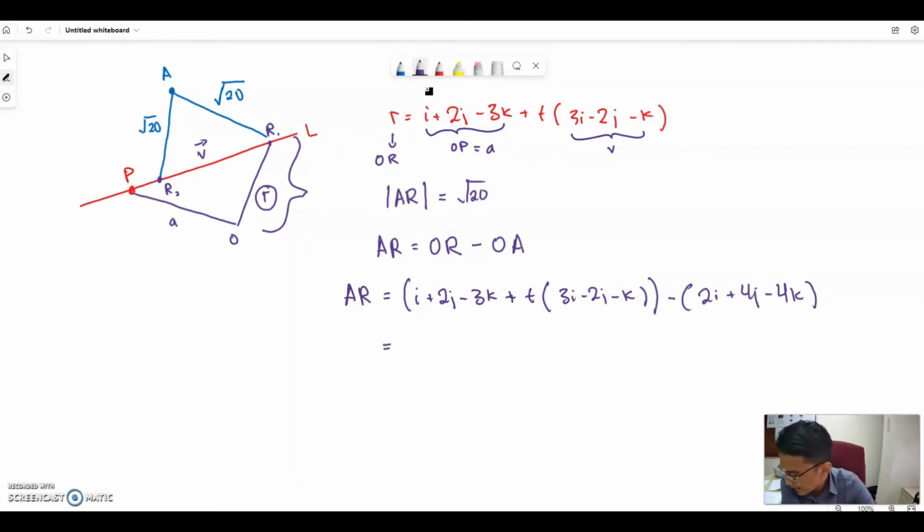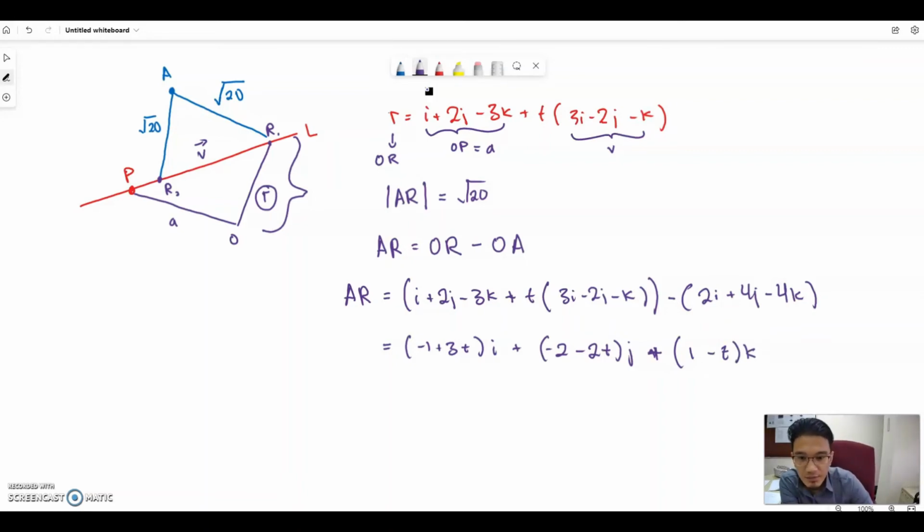Okay, and then we will have it as negative 1 plus 3t I, and then plus negative 2 minus 2t j, and plus 1 minus t k.